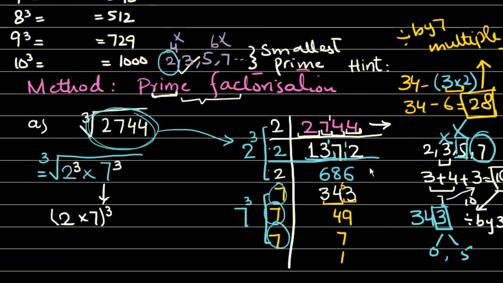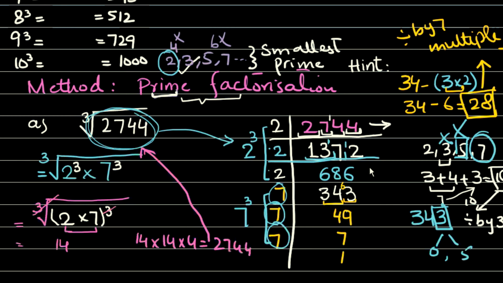All right, so now I will take the cube root as it is. Now I can cancel it. It becomes a number. The remaining number is 7 twos are 14. So it means that 14, if we multiply it 3 times, so we will get this answer, and that is 2744.